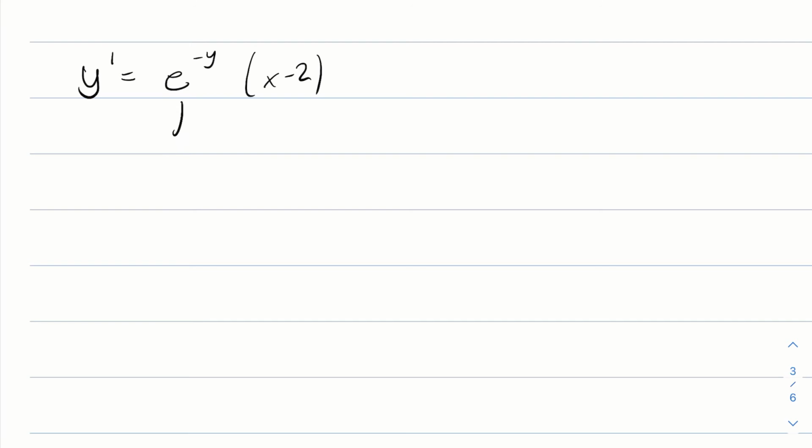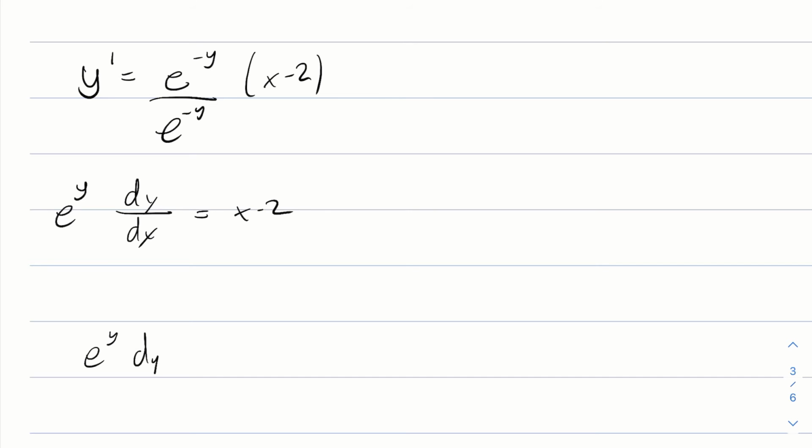What we do here is we just divide this by e to the negative y, and what that does is, by rules of math, dy dx. And it just becomes e to the y over there equals x minus 2. Now we're going to multiply everything by dx, and then integrate.